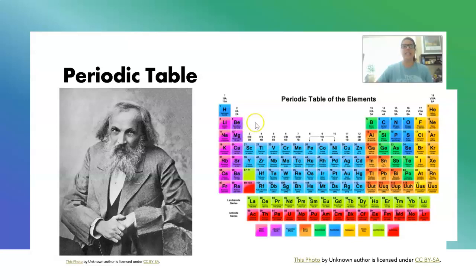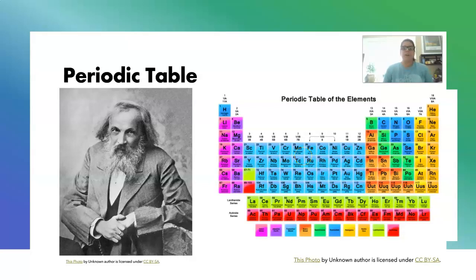He actually left gaps when he created and started to organize this for elements that had not yet been discovered, but he assumed what existed in some way, shape, or form based on how he organized that periodic table. While he arranged the elements according to their atomic weight, if he found that they did not fit into the group, he would rearrange them, and he would predict the properties of some of those undiscovered elements and gave them names.